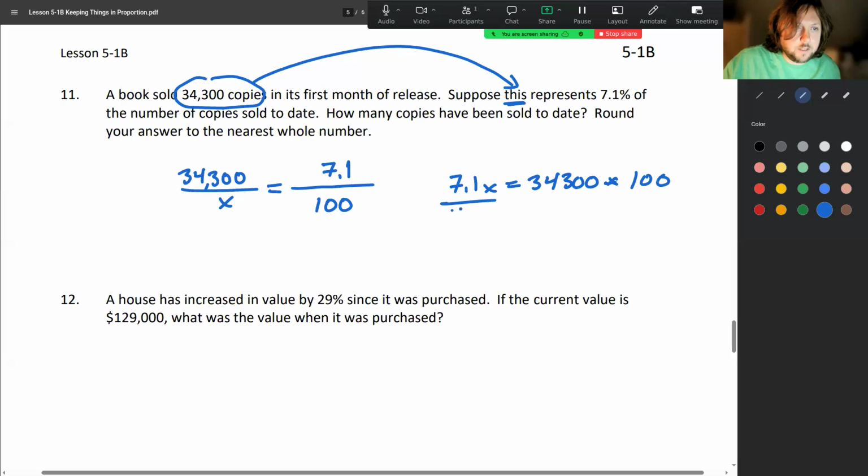Then we divide both sides by 7.1. So x is what? So I get 483,099.